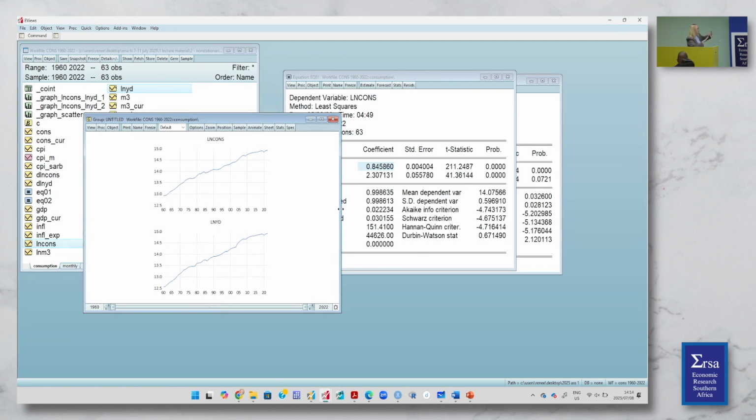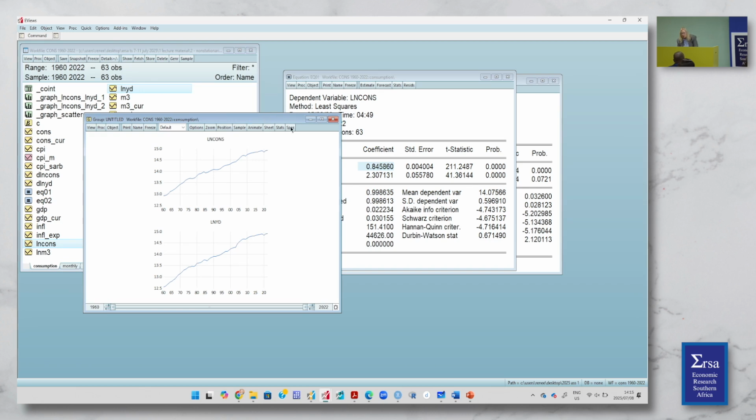So those are the types of series that Granger, Newbold, and Phillips, and Engle and Granger showed us that the distributions will not be standard.